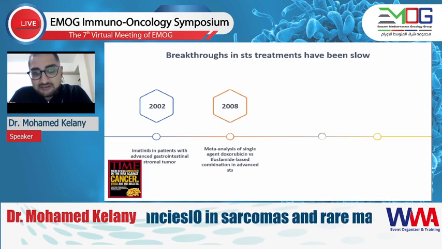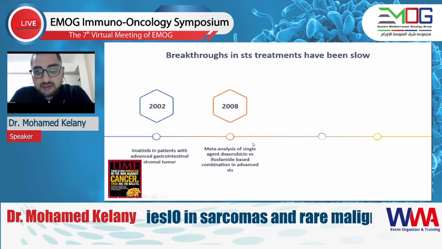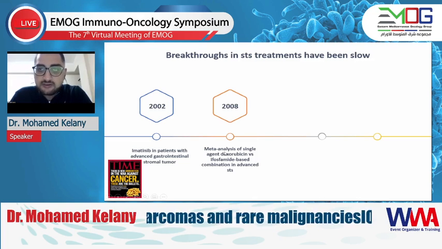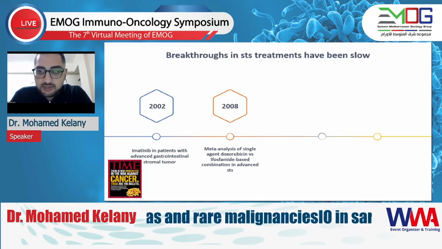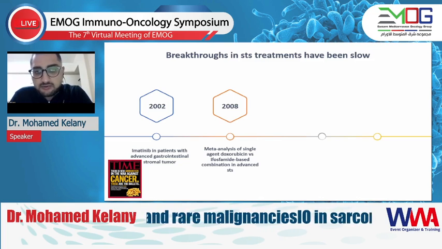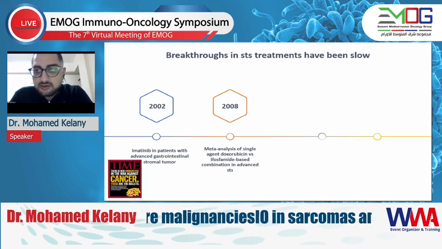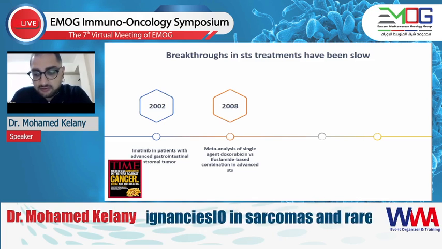In 2008, a meta-analysis showed that single-agent doxorubicin versus any combination with ifosfamide was equal in survival, but different in response rate. So we approve single-agent doxorubicin in advanced soft tissue sarcoma unless our aim is a symptomatic patient, where we want a rapid response rate.